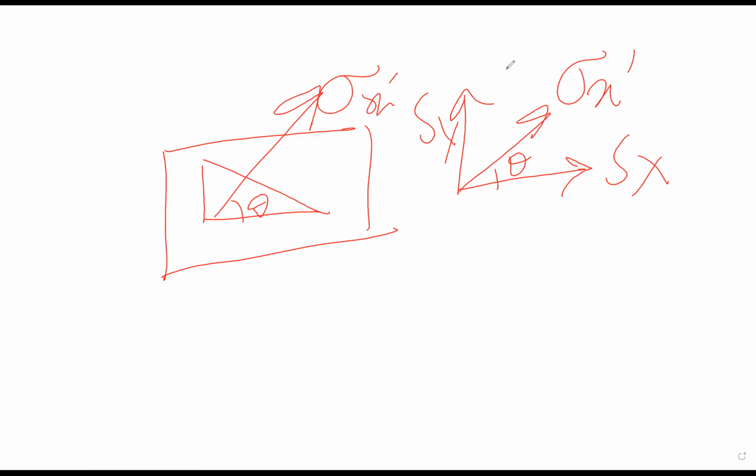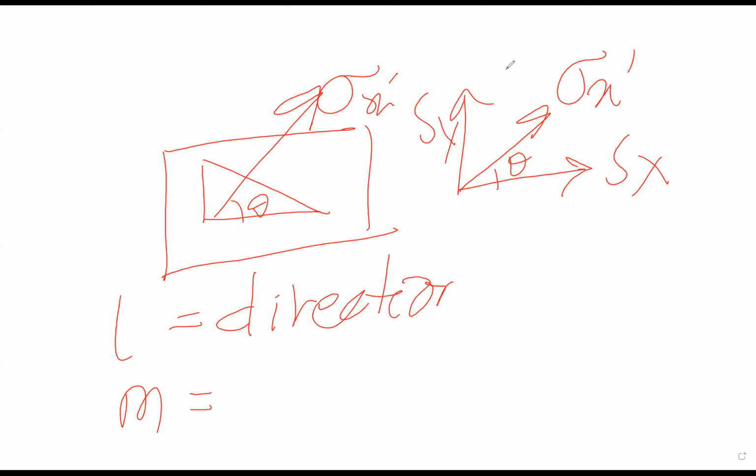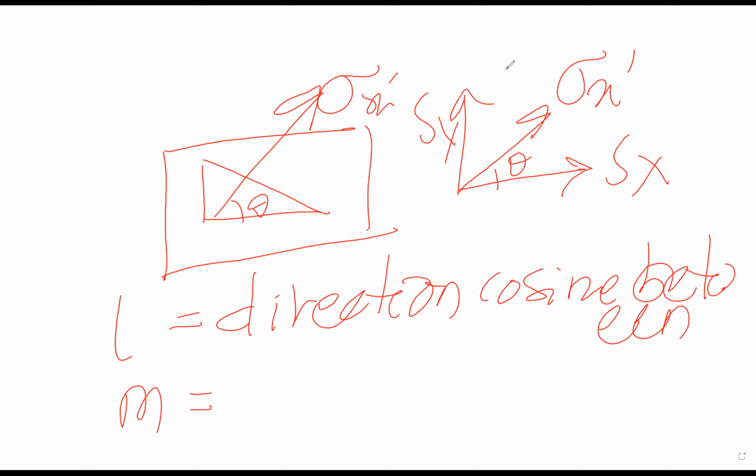So there are two assumptions. One assumption is L, and the other assumption is M. What are L and M? L is the direction cosine between x and x dash.